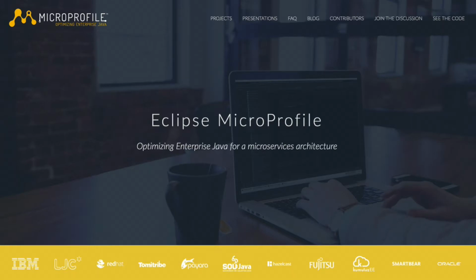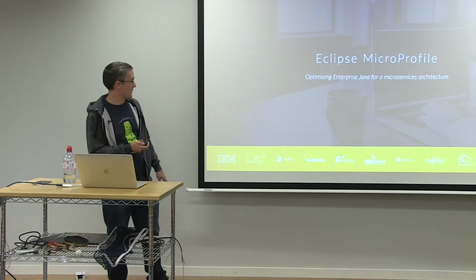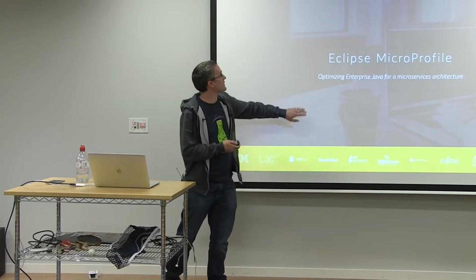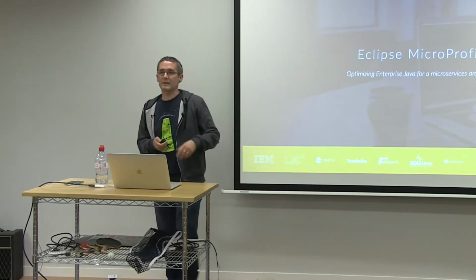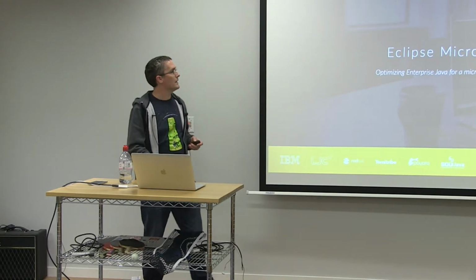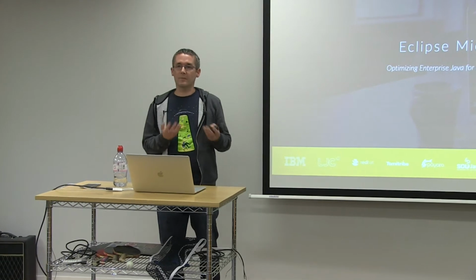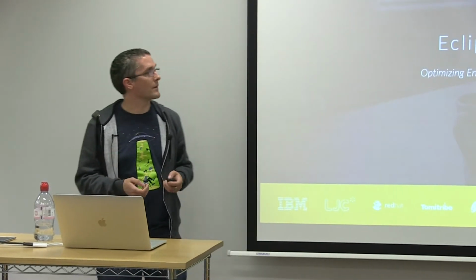And so what a group of vendors did, and you can see the number of people involved now has grown along the bottom, you probably can't see that, but if you go to the microprofile.io website, you'll see all the vendors that are involved in creating MicroProfile, is they got together and said, well, we need to create a number of new APIs, a number of specifications that vendors can implement in order to support new cloud-native microservice development.